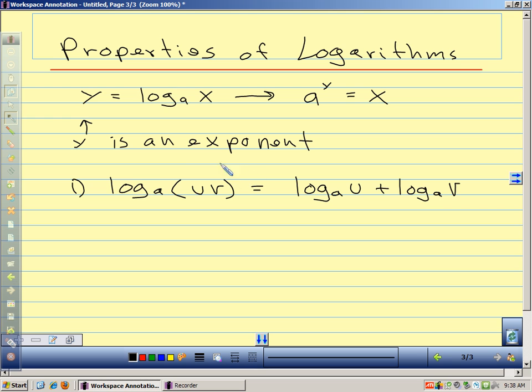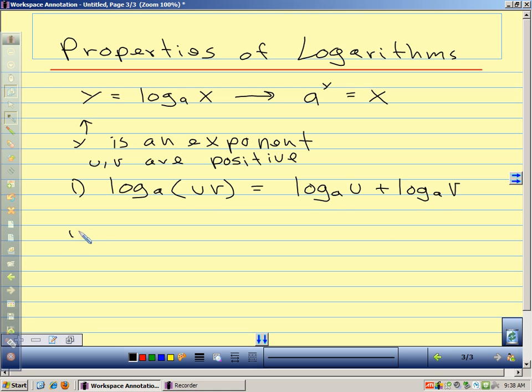And for these problems, u and v are positive, because we have to have positive numbers in our logarithmic function. So the log of a product gives us the sum of the logarithms.